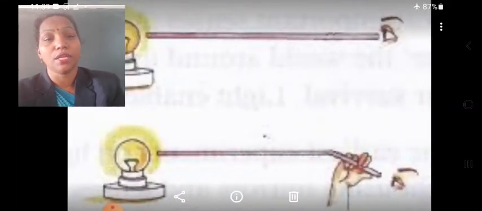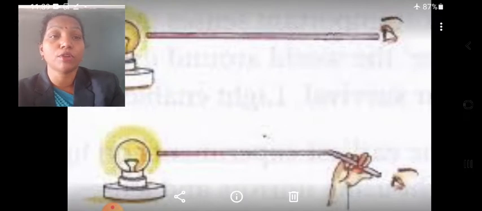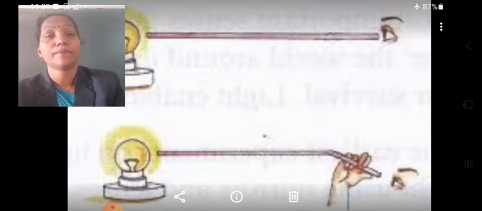Another activity to prove the rectilinear propagation of light: take a drinking straw, a straight one. Look through this straw at different objects or the light of a bulb.